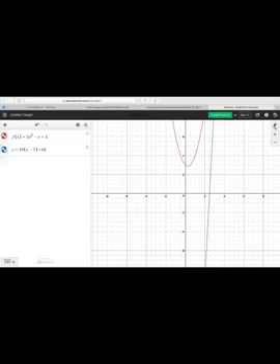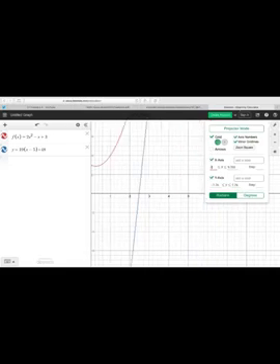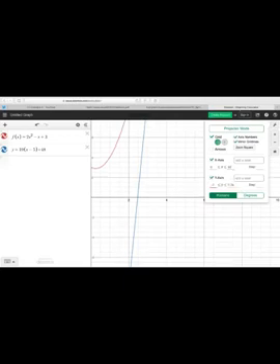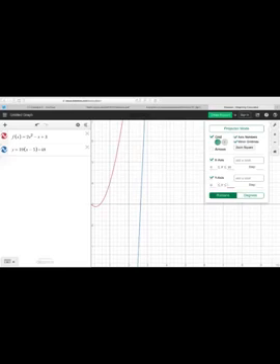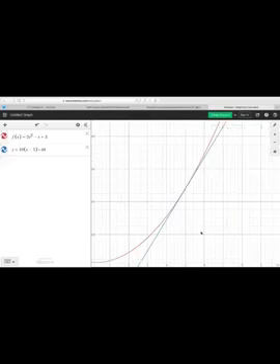So I will change both. So on the x, let me go from 0 to 10, nice round number. And then on the y, let me go from 0 to something bigger than 48. How about 90?